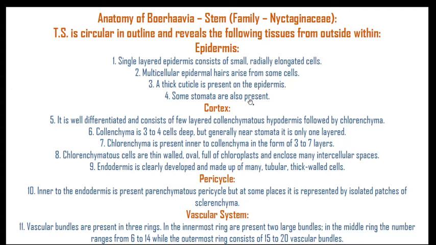Exactly below the epidermis there is the cortex. This is the most important layer, and within it there is the formation of anomalous growths. It is well differentiated and consists of a few layered collenchymatous hypodermis, which becomes pink in color after staining.